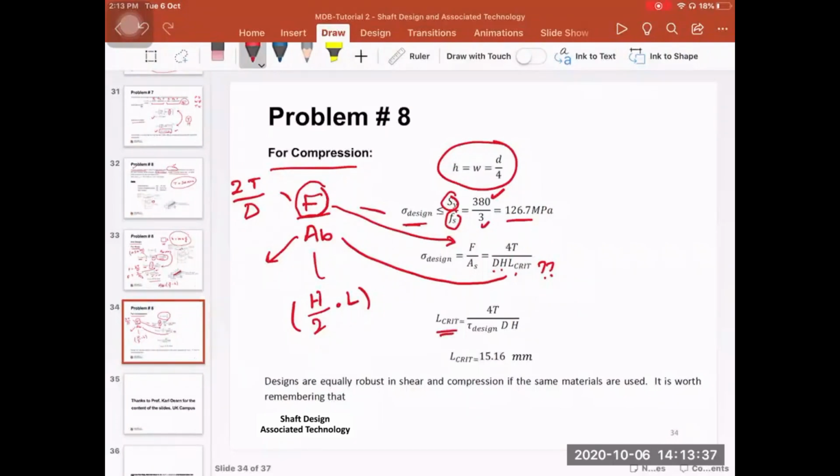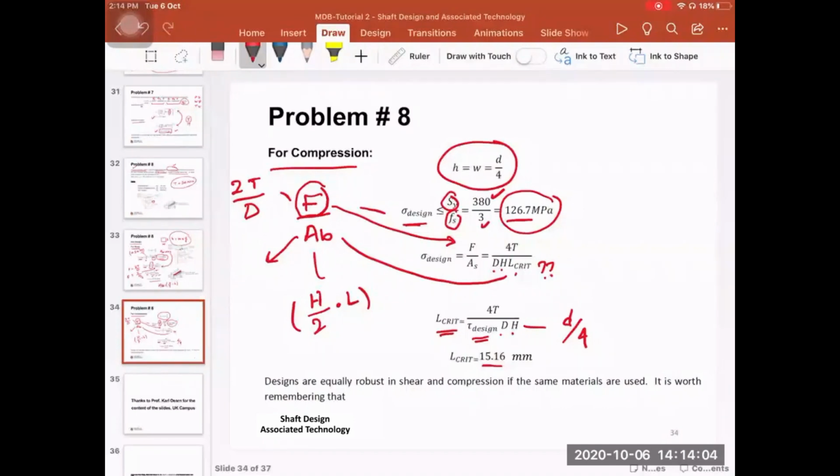So L critical here, if you just rearrange this equation, is equal to 4 times the torque divided by tau design, which is 126.7, multiplied by the diameter of the shaft, multiplied by the height. Remember, the height is equal to D over 4 because we have a square key. So in this case, we have the exact same value for L critical.